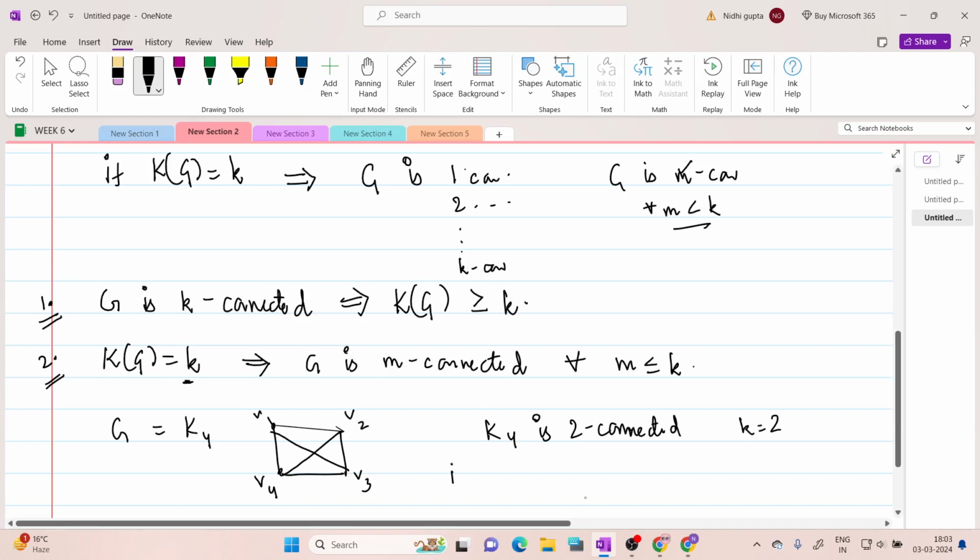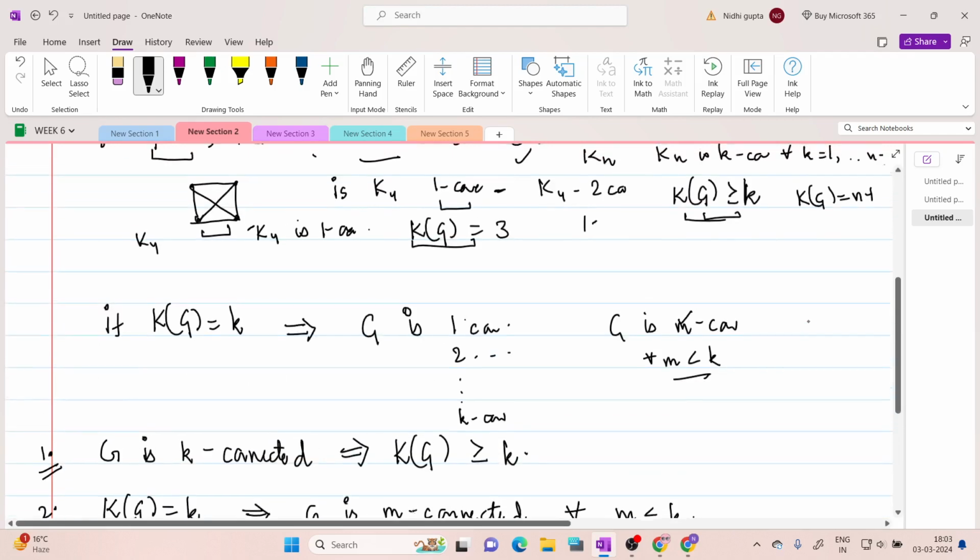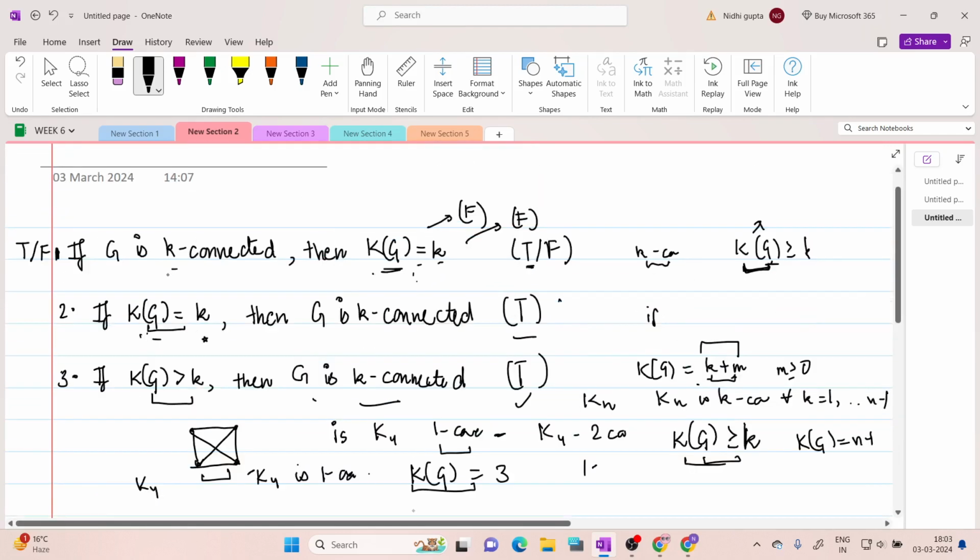But is the vertex connectivity of K4 equal to 2? No, it is 3. So therefore this is not true, right? This is saying that if G is k connected, then vertex connectivity should be k.